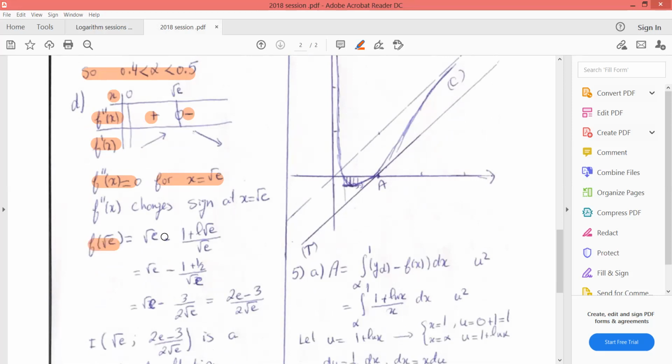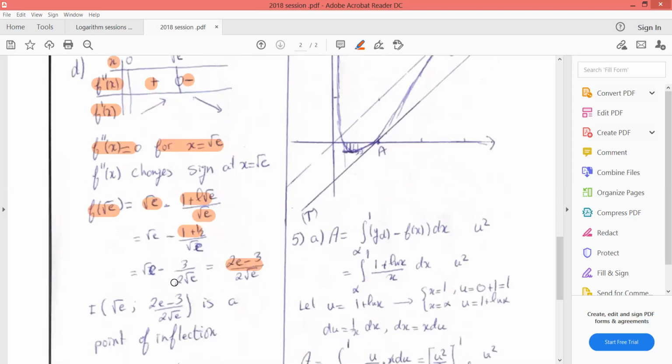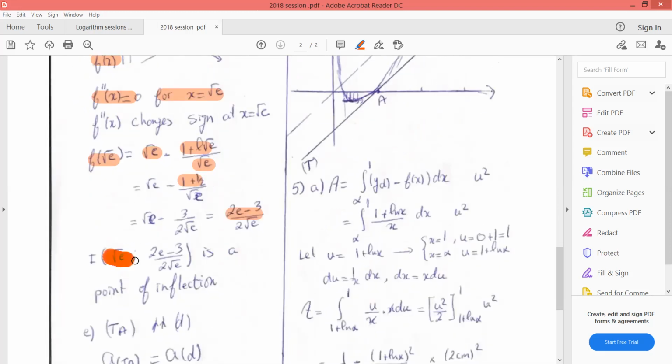You can use your calculator: 1 plus ln radical e over radical e, where ln radical e is ln e to the half, which is half ln e, which is half. You get the value of y, then the point of inflection is radical e, (2 radical e minus 3) over 2.